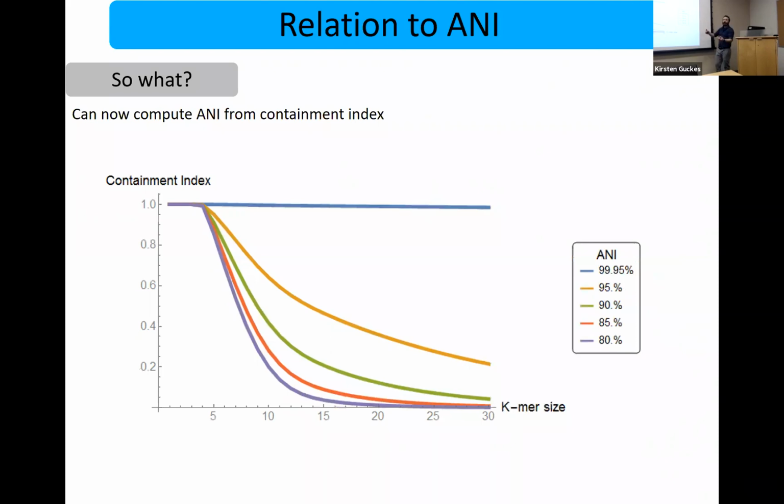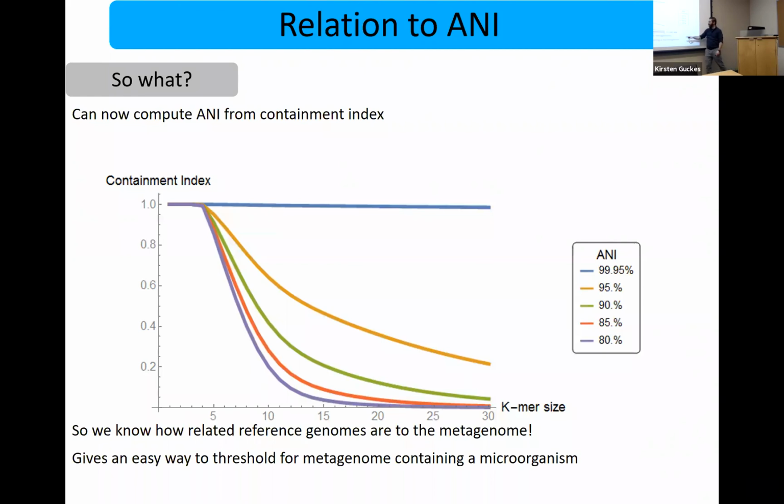That allows you to say, if I'm only interested in species, and I think that anything 95% ANI or above is going to be a species, then you check, okay, here's the containment index you're going to have to use to do your cutoff, and then you can do your database reduction, your alignment, and so on. So it's pretty cool to be able to figure out how related these reference genomes are to the metagenome, and it gives you a great way to threshold.